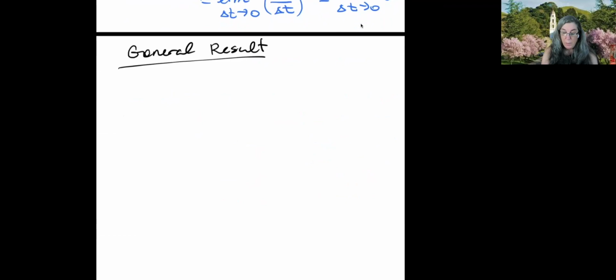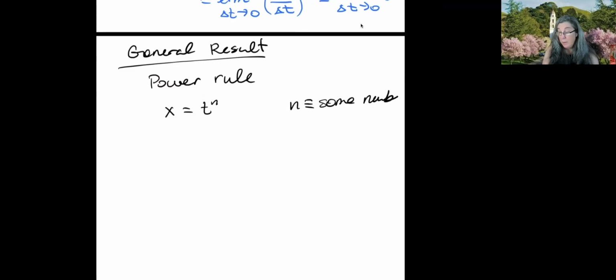There's a power rule, which I could write: if x equals t to the n, so n is just some number, then it always turns out that the velocity, which is the derivative of it, is n times t, and then the power comes down and gets multiplied in the front of the whole thing, and then the exponent gets reduced by 1.